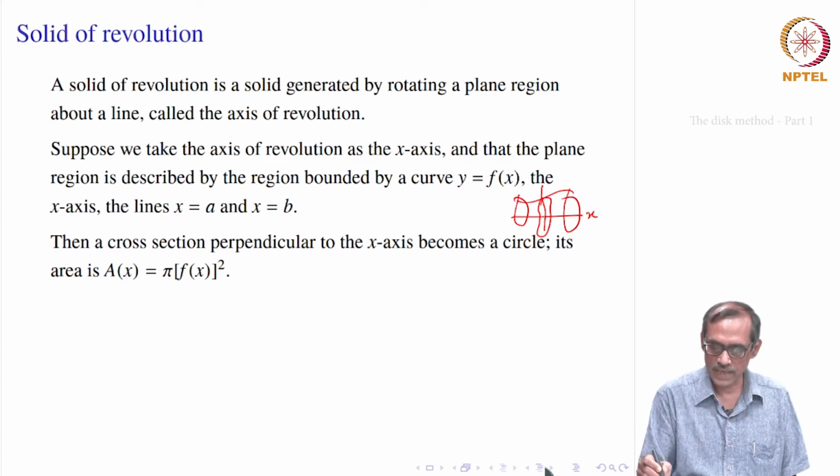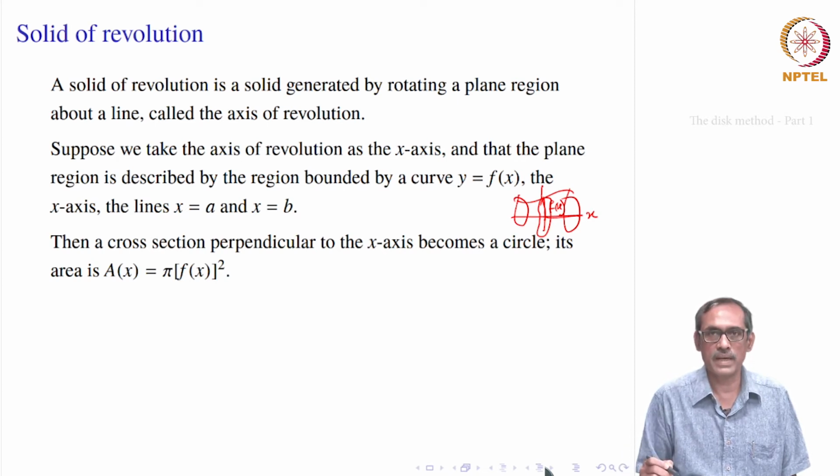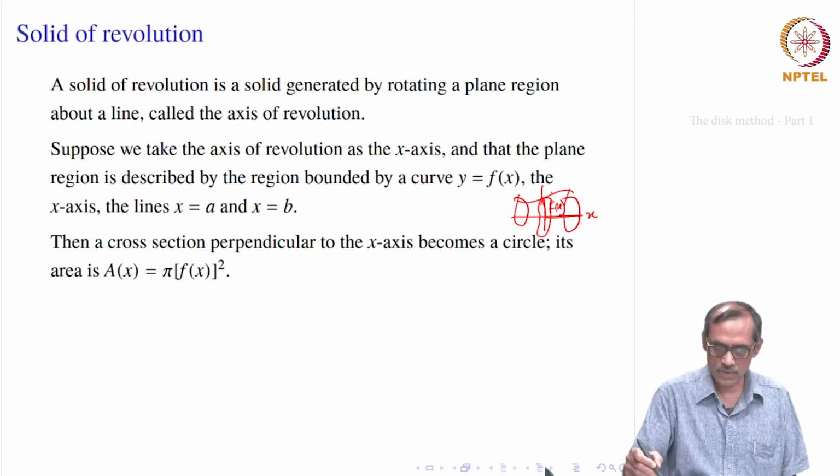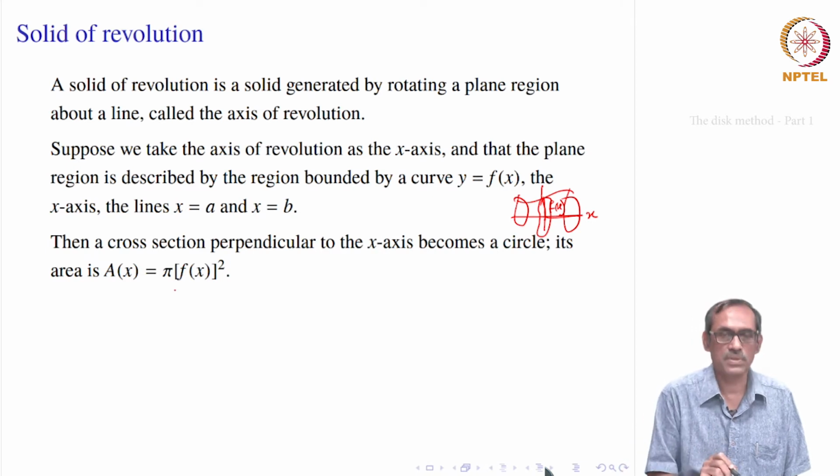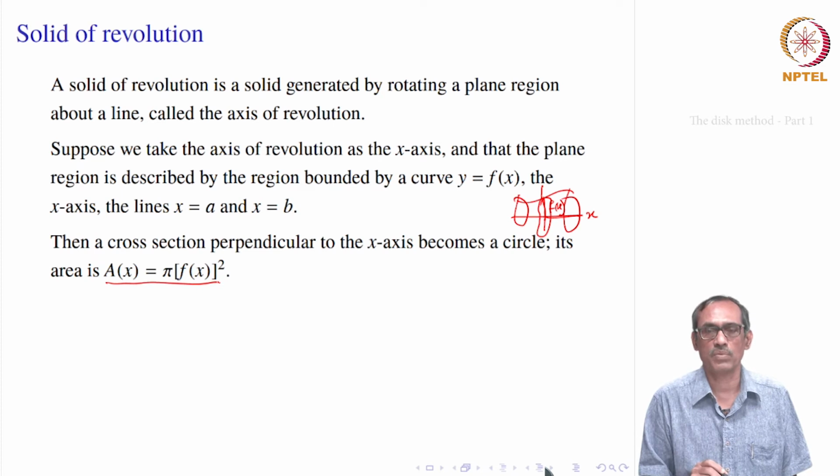At any point x, we take the area of this cross section. Here the height y, or f of x, is the radius of the circle generated, so the radius is f of x. Therefore its area will be pi times f of x square. The cross sectional area at x is pi times f of x square.